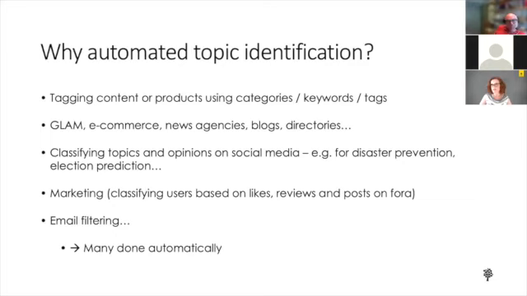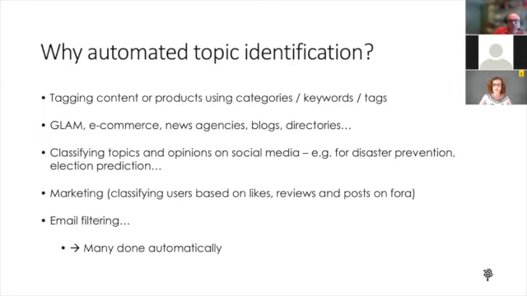Directories of web pages used to be more common before, but there are some still today. A very interesting topic, and that's really been used quite a lot, is classifying topics and opinions from social media, and are used effectively for disaster prevention, for election prediction, as we have heard in media.